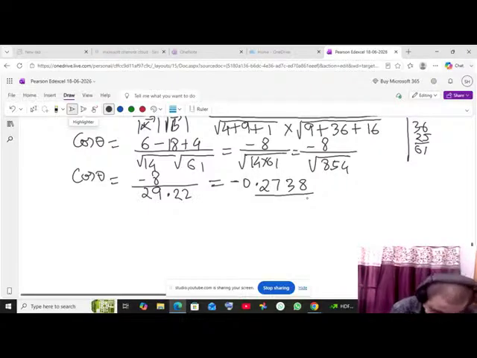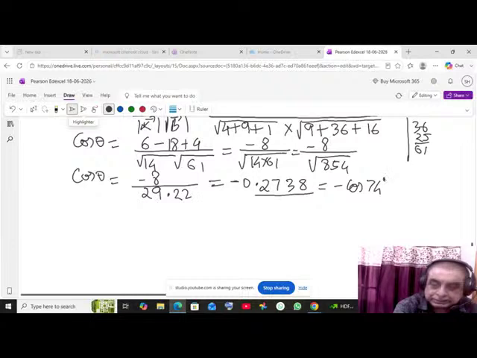Okay, 2 7 3 8. So this becomes 74 degrees 7 minutes. This is equal to minus cos 74 degrees 7 minutes.